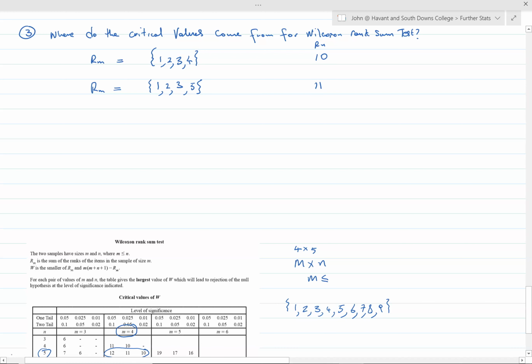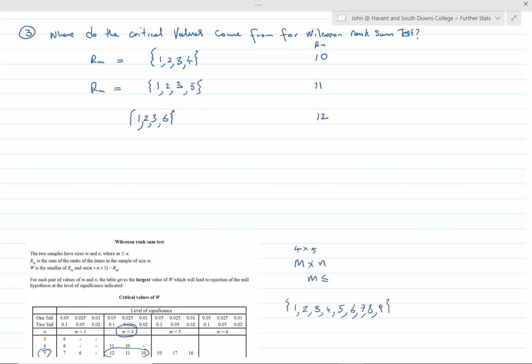Now, if we had the first 3 smallest in the group of 4, but then the next 2 smallest in the other group, and then the next smallest in the group of 4, we'd get 1, 2, 3, 6, which would give us an RM value of 12. But that is not the only way of getting 12.